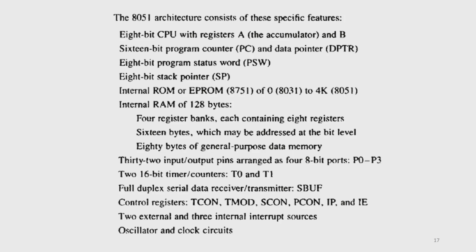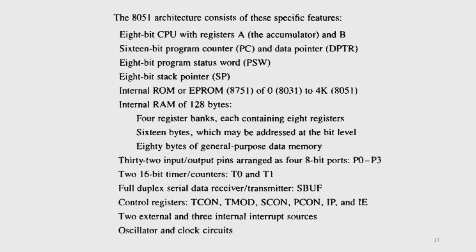Within the random access memory, 3 distinguished areas are there. They are the register banks, then the 16 bytes of bit addressable area and the 80 bytes of general purpose area. Then 32 input and output pins, that is considered as the port pins.